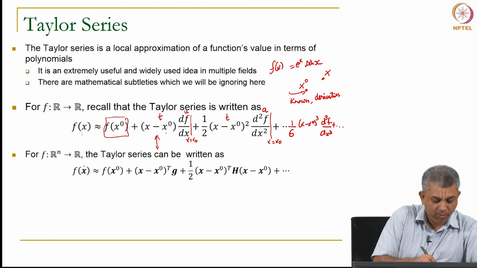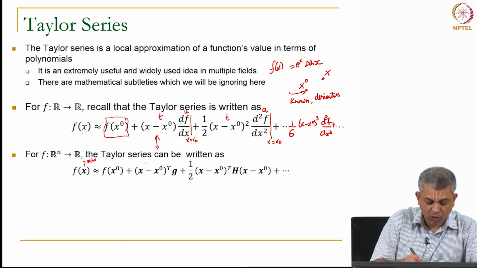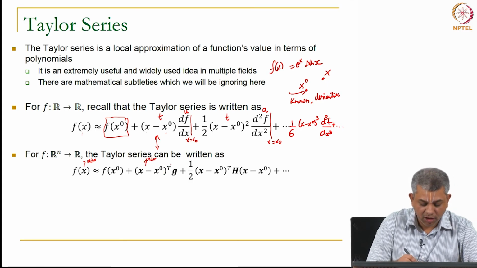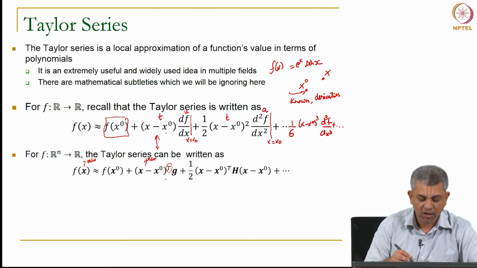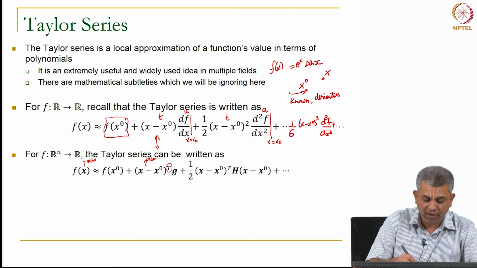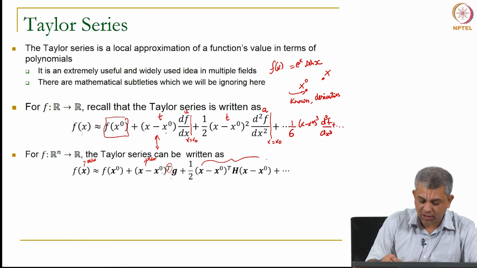F of x, now remember x is a vector, is f of x naught, which is the same thing, plus, now notice this is a vector, x minus x naught transpose times g, where g is the gradient. For compactness I have written this as g. So, instead of df dx, now you have a full gradient, this is a full vector, and this effectively is the dot product between one vector and the other. Okay. This, remember, is something that we had discussed earlier, this is called a quadratic form.